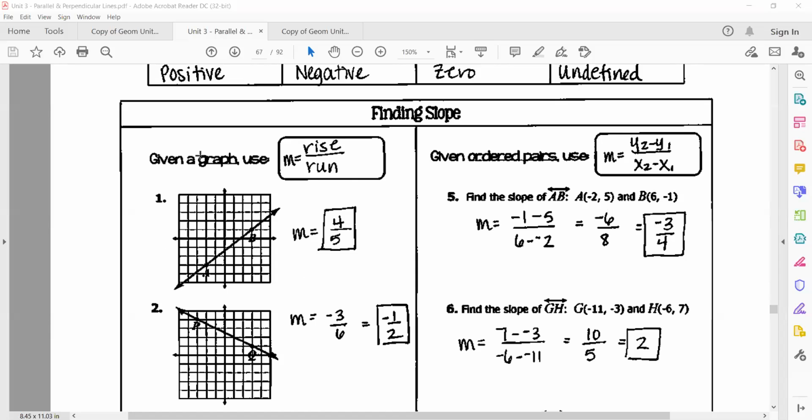And if you did all these problems on this first page, you'd see that the graphs give you one example of each type of slope, and so does the calculations.